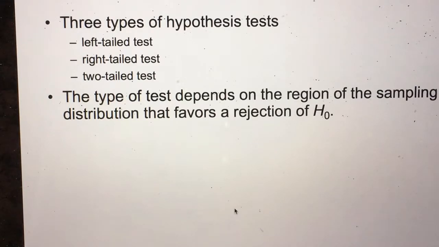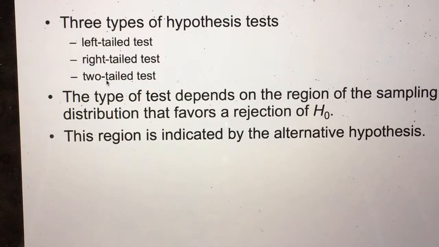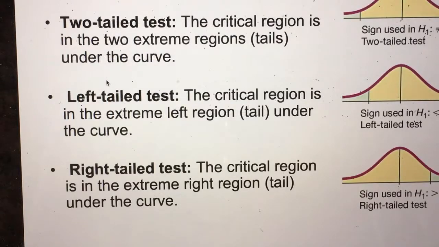The test is determined by our H sub A. If our H sub A is less than, we'll have a left-tailed test. If our H sub A is greater than, we'll have a right-tailed test. If our H sub A is not equal to, we'll have a two-tailed test. This region is indicated by the alternative hypothesis. So here we have each one of these.